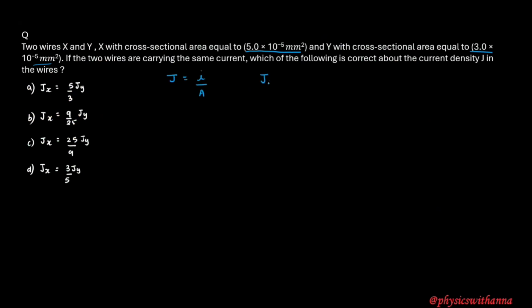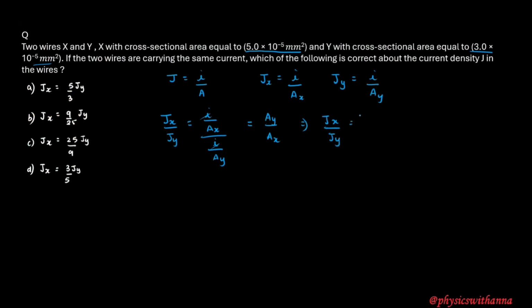So I can write the current density for X to be equal to I over AX, whereas the current density for Y will be I over AY. The same current I flows through the two wires. Now let's take the ratio. I write JX over JY to be equal to I over AX, I over AY. We cancel off the I's here. This ratio becomes equal to AY over AX. So we get JX over JY equal to AY over AX.